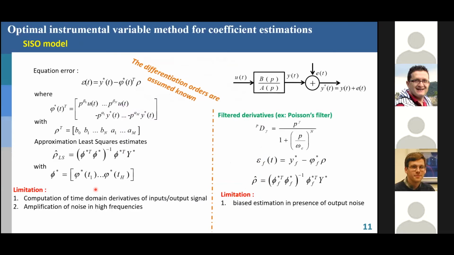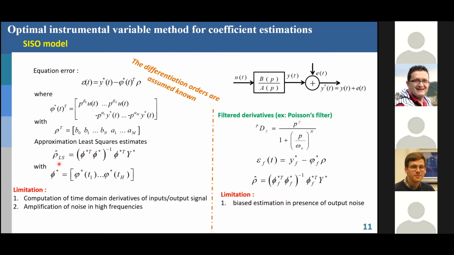Here I'm going to begin with the optimal instrumental variable for coefficient estimation for the SISO case. So for a SISO model, we have the error equation based on our figure here, where rho takes this form, where phi takes this form, and rho gathers all the coefficients. So the approximation of the least squares estimate takes this form.